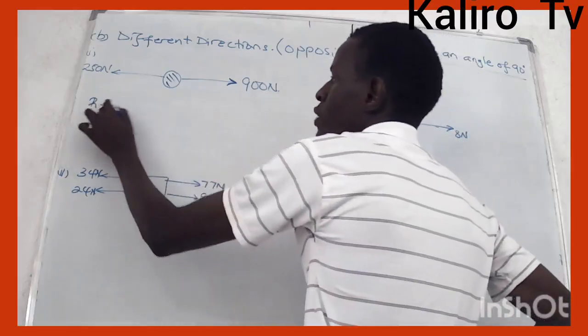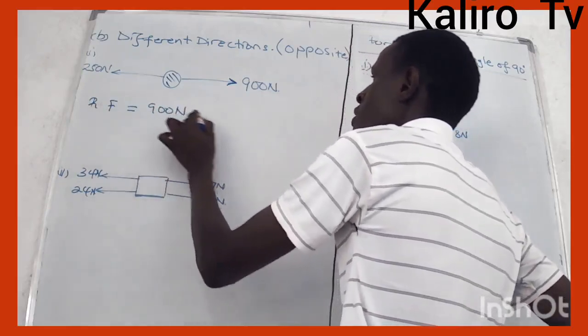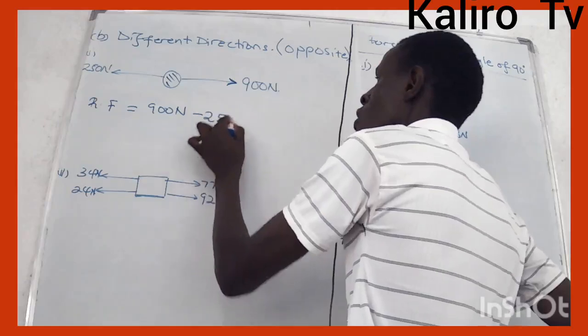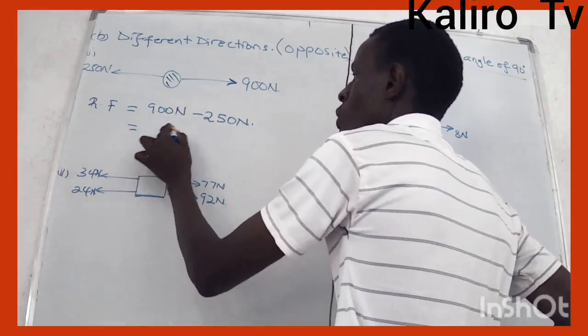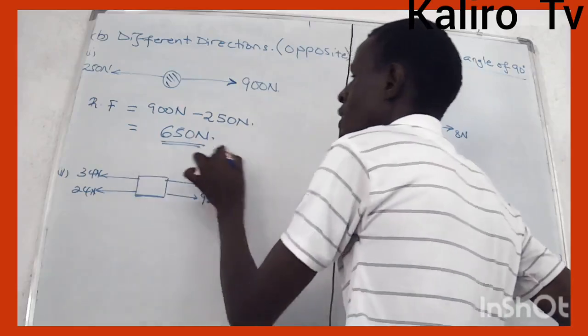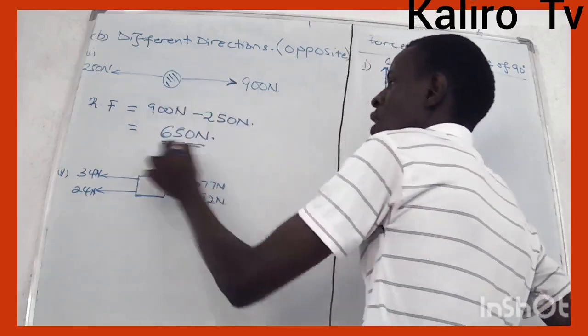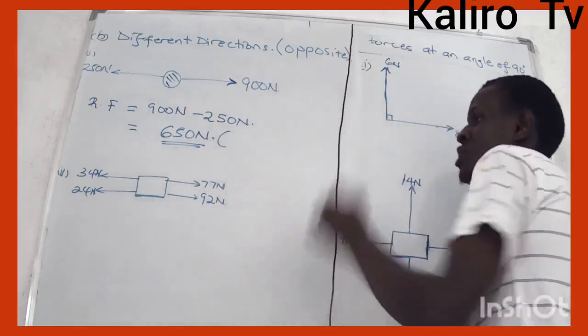So the resultant force is the bigger force, 900 newtons, minus 250 newtons. We get 650 newtons as our resultant, and the body will move towards the 900 newton force.